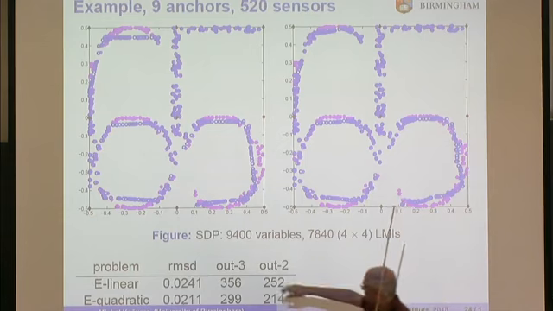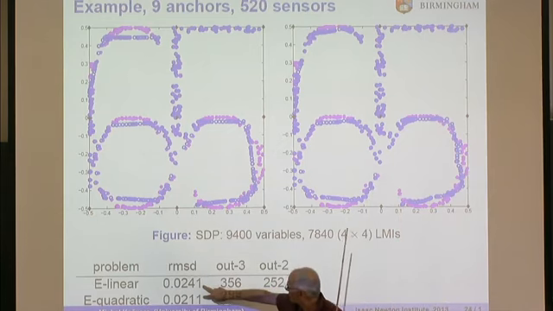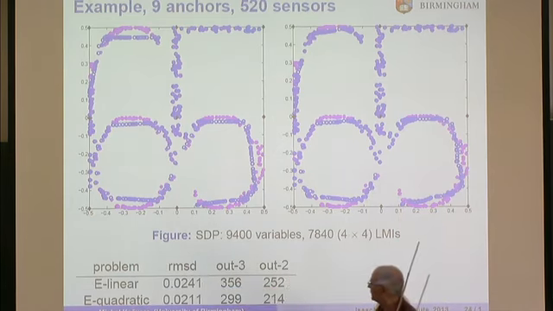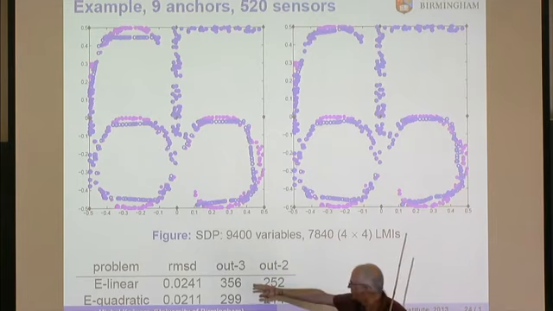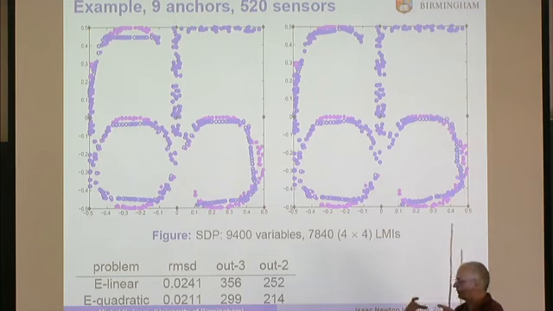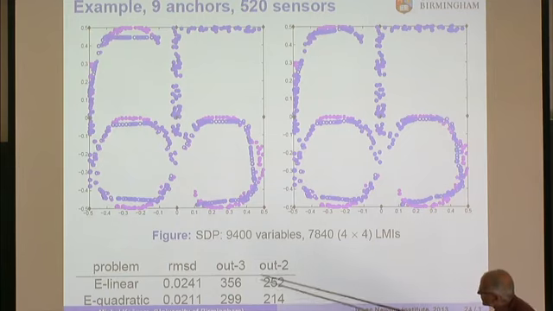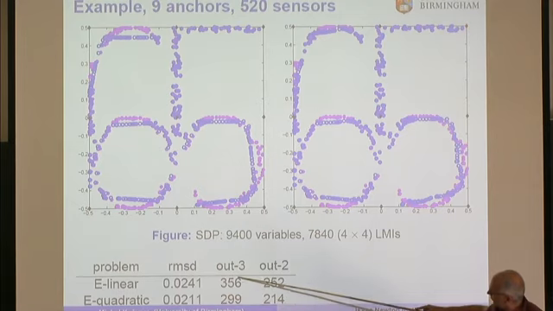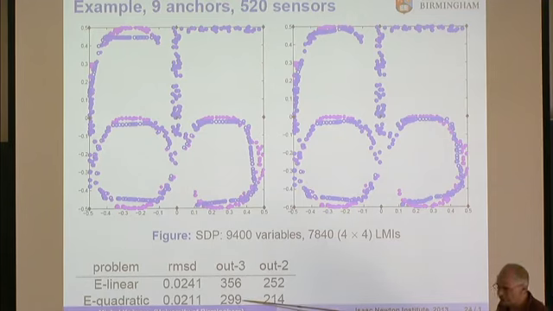If I compute the L2 norm of the difference, I will get more or less the same number. But if I count those which are out of a certain radius, then I will see that the quadratic formulation is better than that one. 300 nodes are out of the small ball, 350 are out of the small ball for the linear formulation.